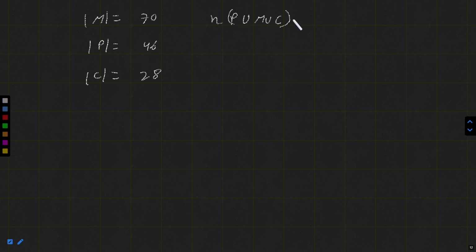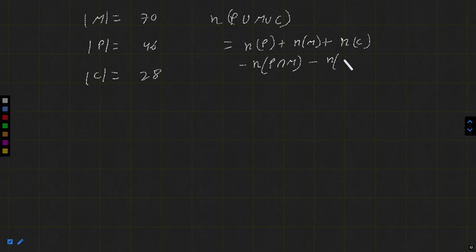What is it? It is equal to n, the number of students who opted physics, math, chemistry. Now minus those who opted physics and math, physics and chemistry, math and chemistry, and we know the formula.